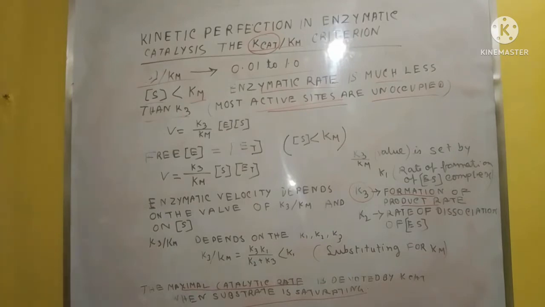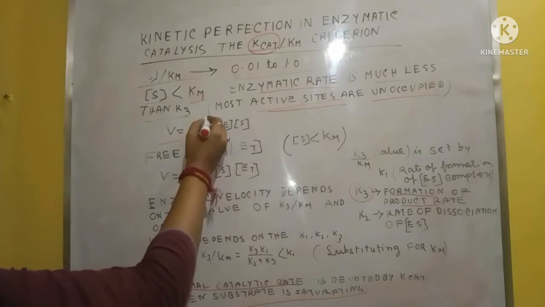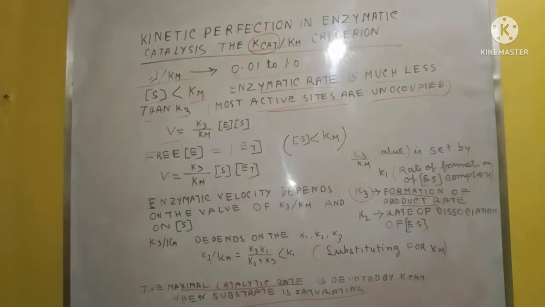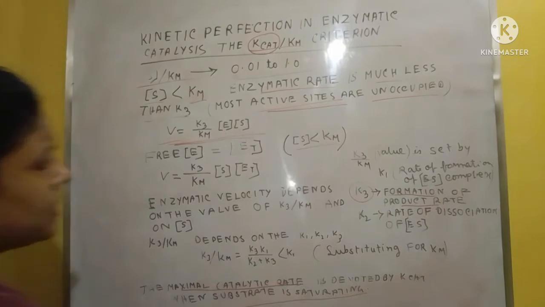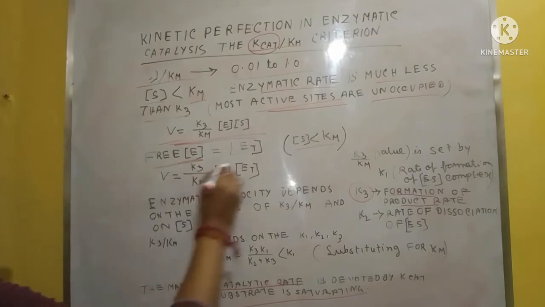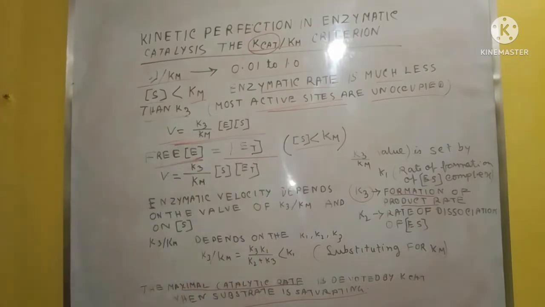And what happens in that situation? V equals K3 by Km times E concentration times S substrate concentration. This will happen. When S is less than Km, another situation is seen: the free enzyme concentration is equal to ET, the total enzyme concentration.